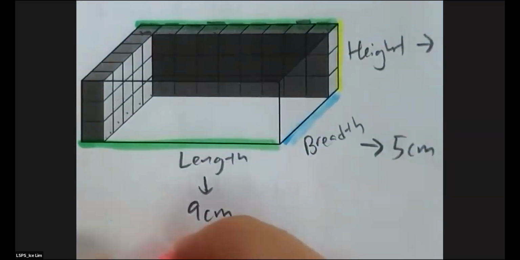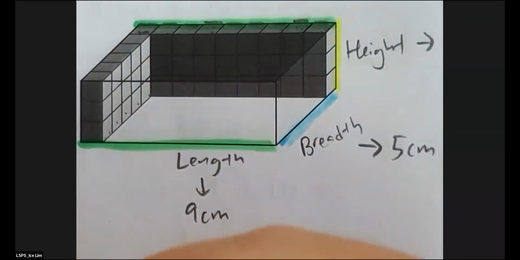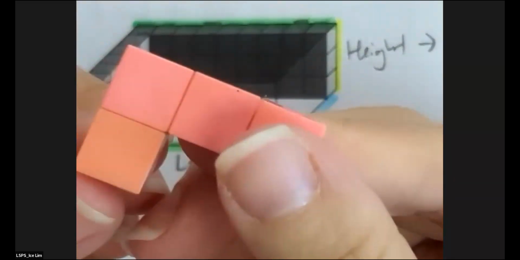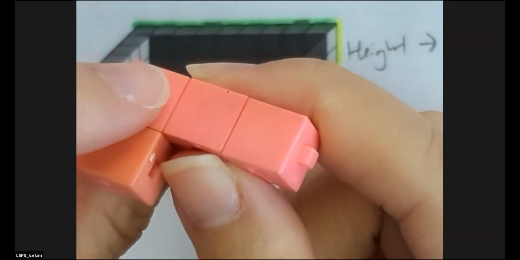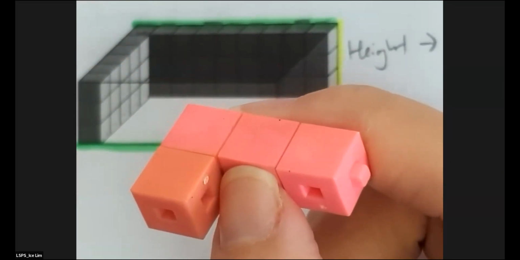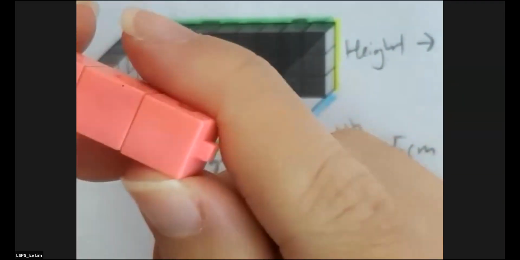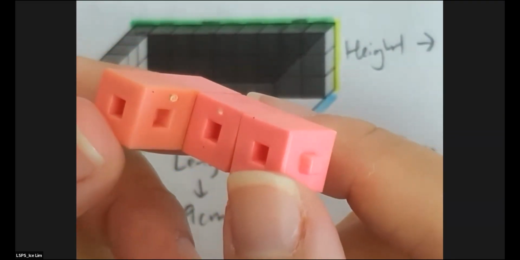Okay. Now, the thing about these cubes is that when it reaches a corner, it's like sharing a side. Can you see? Like previously we talked about hidden cubes, right? Previously we talked about hidden cubes. If I look at a certain direction, some cube is going to be hidden. Can you tell?